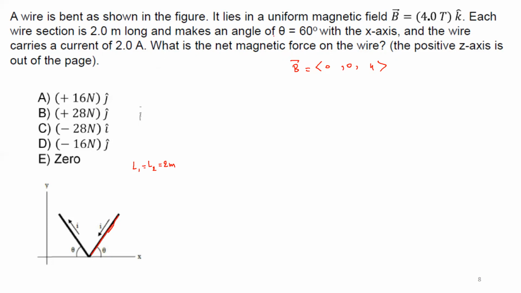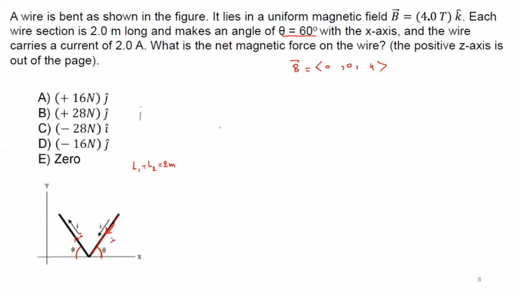And they make an angle theta, which is 60 degrees with the positive x-axis. So basically this angle here is theta, 60 degrees, and this angle here is theta, 60 degrees. And the wire carries a current of 2 amps. So here I have a current moving in this direction, 2 amps, and the current here is moving up, 2 amps.